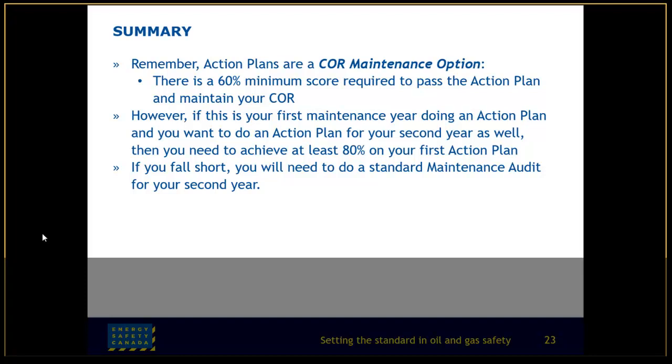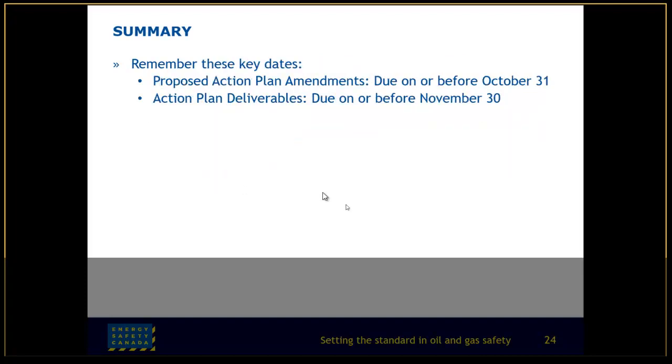If you happen to fall below 60%, you still need to complete a maintenance audit by the end of the year in order to maintain your core. So again, action plan amendments are due on or before October 31st, and all deliverables are due on or before November 30th.